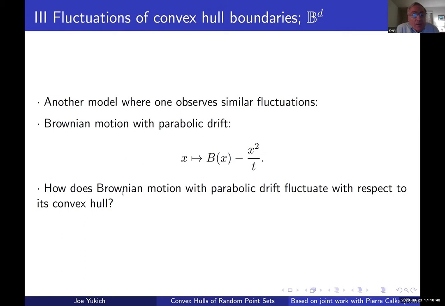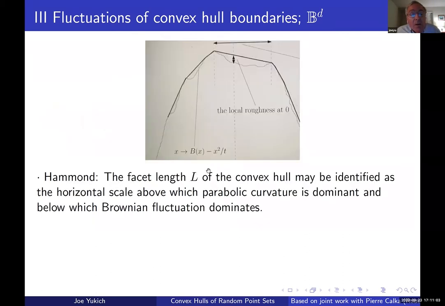How does the Brownian motion with parabolic drift fluctuate with respect to its convex hull? Let's draw a picture. I'm actually taking a picture from another source, Hammond, and here we have the picture of what's happening.